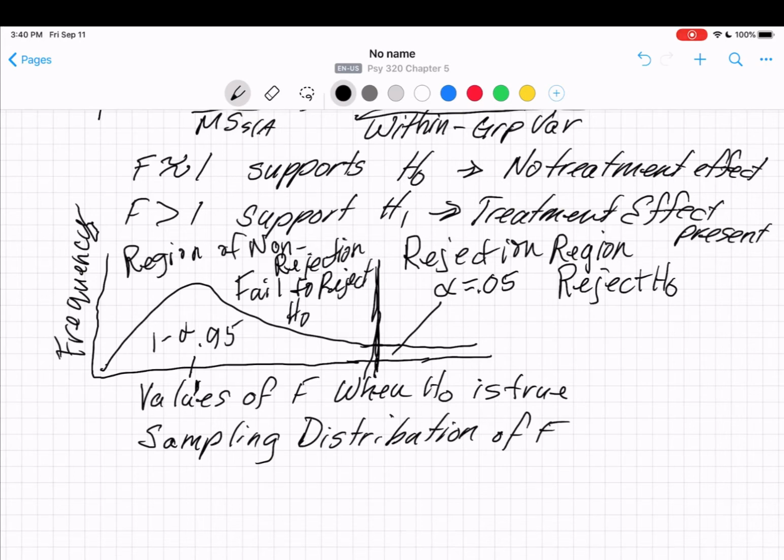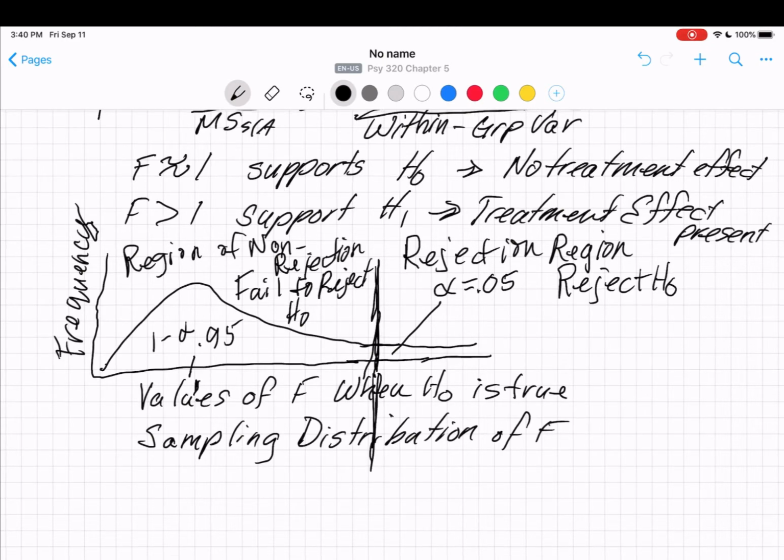Okay, and so what is this number? It's going to depend from question to question. In our particular example with our F statistic, I'm going to just draw down here, it would be 4.26. We call this F alpha, or our critical value.